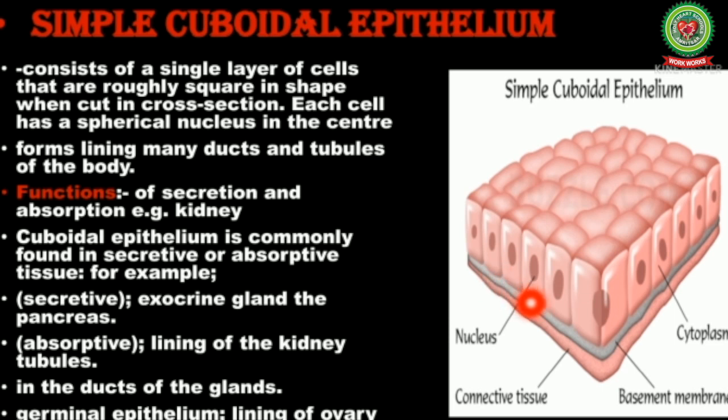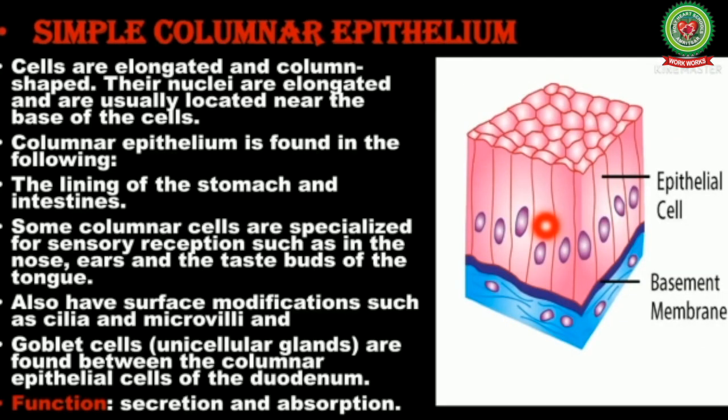The main function of simple cuboidal epithelium is secretion and absorption, for example in the kidney. Cuboidal epithelium is commonly found in secretory or absorptive tissues, for example, exocrine glands, lining of kidneys, the ducts of glands, and germinal epithelium, that is, the lining of ovary and testis.